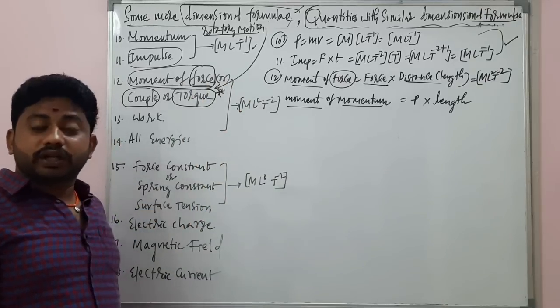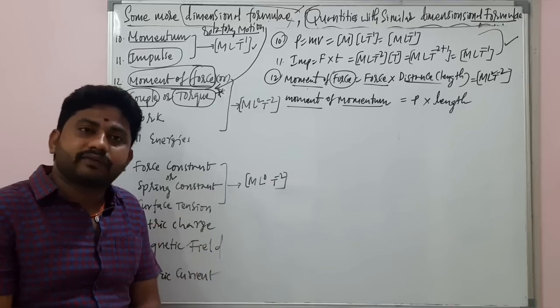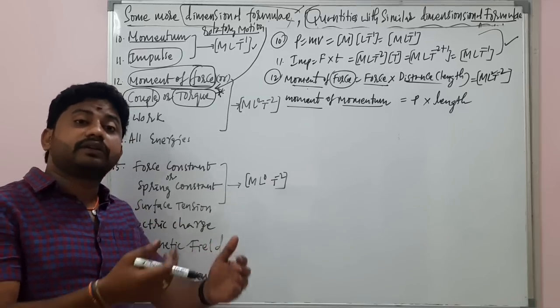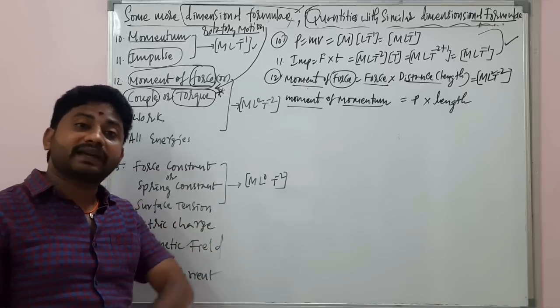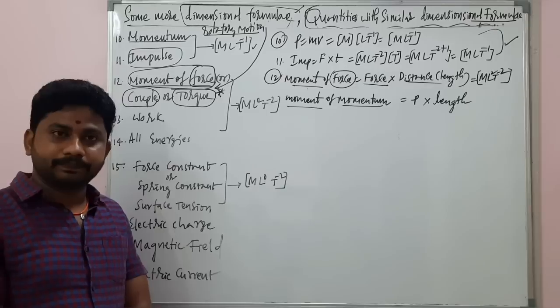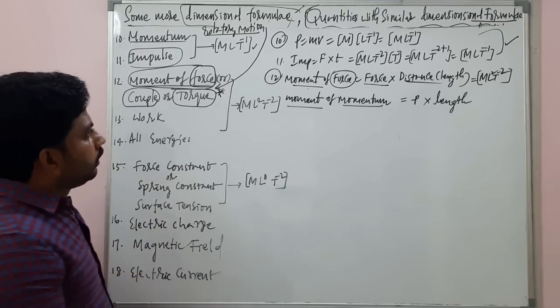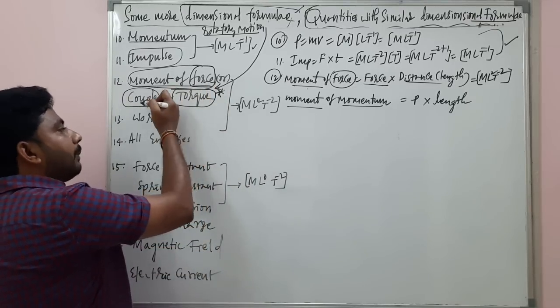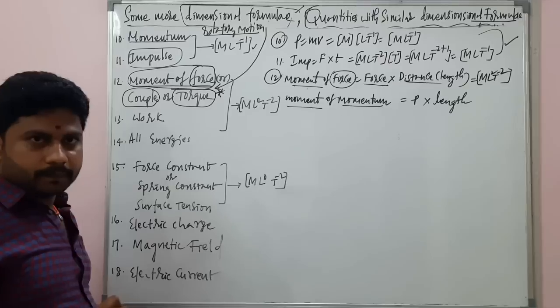Not only in rotatory motion, we will be using this in electric charge, in electric field, and in magnetic field topics also it will come. Moment of force, couple or torque.